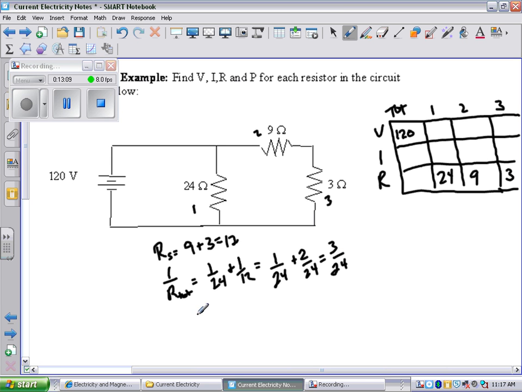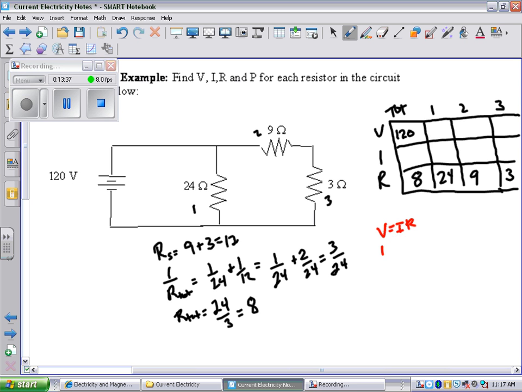That's the reciprocal of the total resistance, so our R total is going to be 24 over 3. And this one works out nicely. That's going to give me a total resistance of 8. So I'm going to put the 8 in here. Now, pretty obvious, our next step is going to be to find this I total using V equals IR.